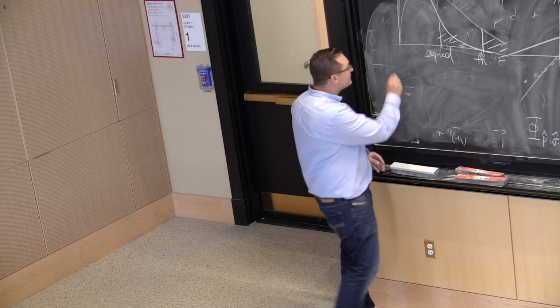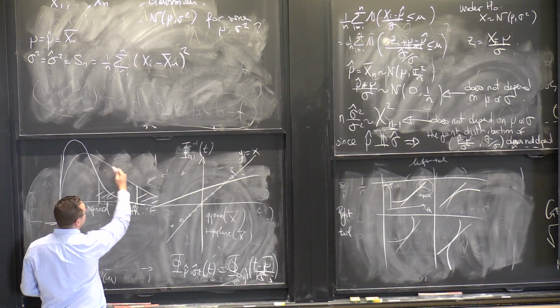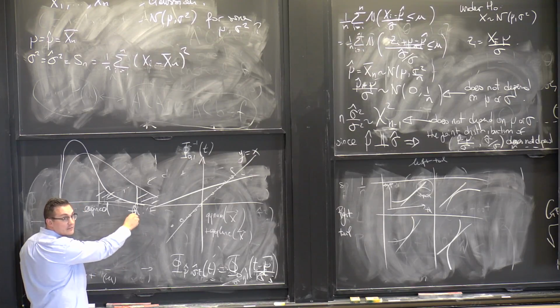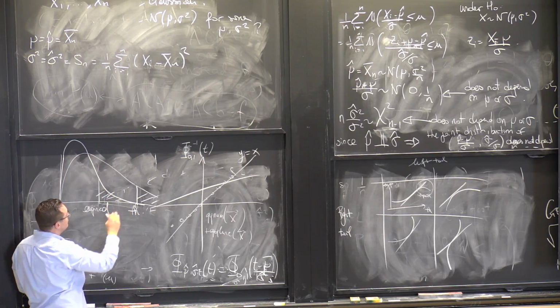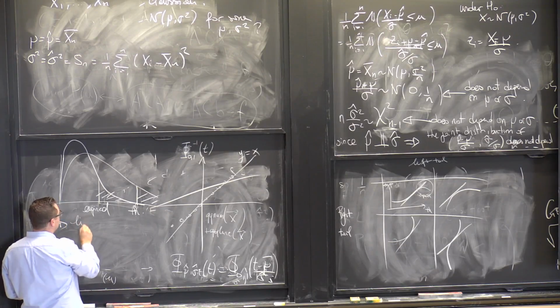So that implies that the right tail, is it heavier or lighter than the Gaussian? Yeah, lighter. Because those are the tails of the Gaussian, my theoretical quantiles, and this is the tail of my empirical distribution, so they are actually lighter.